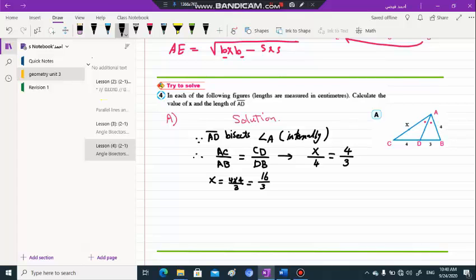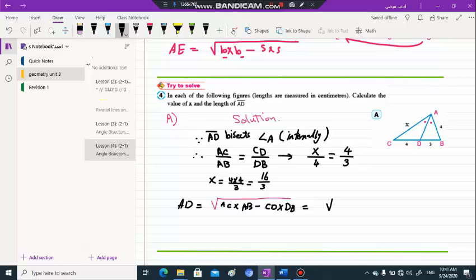So if you want to find the length of AD, the internal bisector, AD equals square root of side times side minus base times base. So side times side, which is AC times AB, minus base times base, CD times DB.